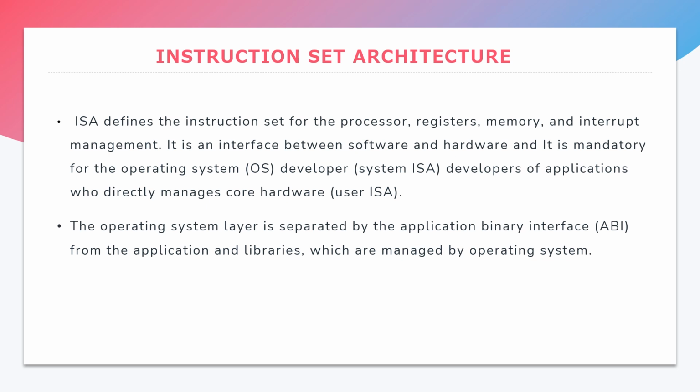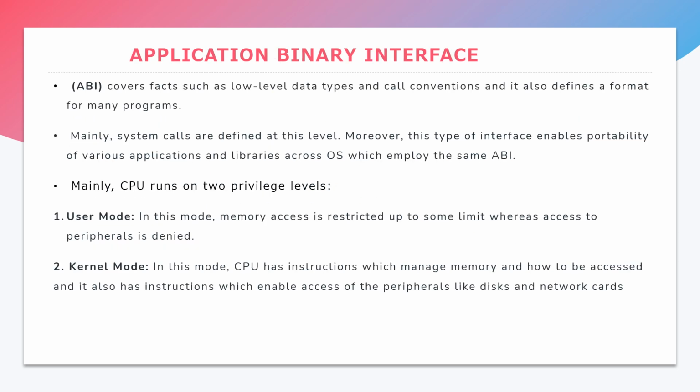The operating system layer is separated by the application binary interface from the applications and libraries which are managed by the operating system. Next, application binary interface. Application binary interface is also known as ABI. It separates the operating system layer from the applications and libraries which are managed by the OS.